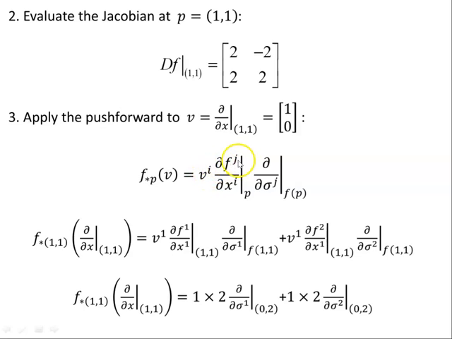So V^i partial f^j, partial x^i, and then expand in the basis partial sigma j at f of p. All right, so putting all those in, I'm going to put this vector in there. It's just writing out.